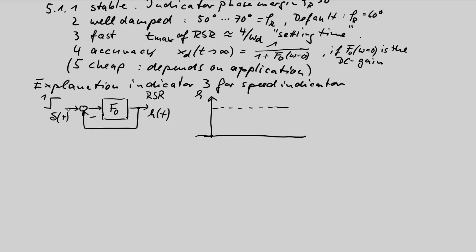And if we have a well-damped system, it looks like this. In a well-damped system, the peak of the overshoot touches the tolerance range upper limit, and this time value for the first maximum we have called Tm or Tmax.